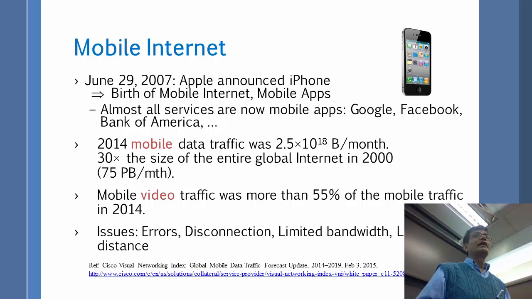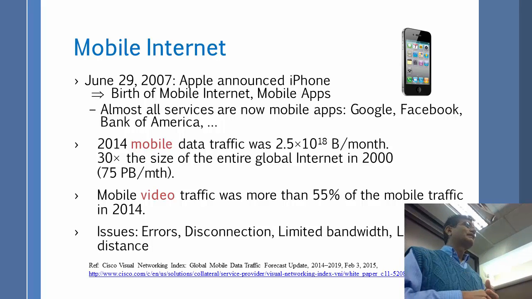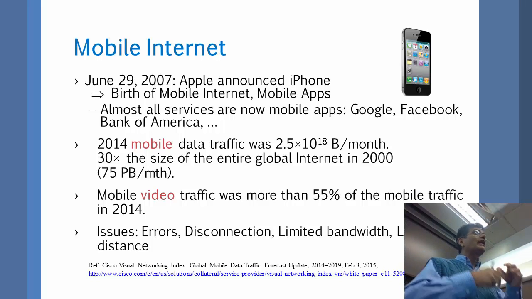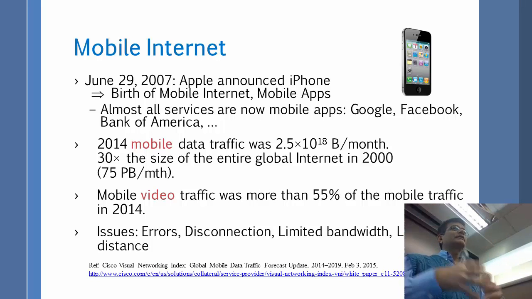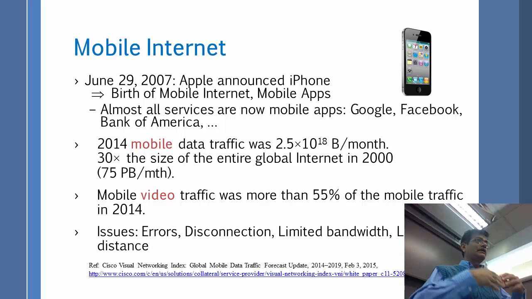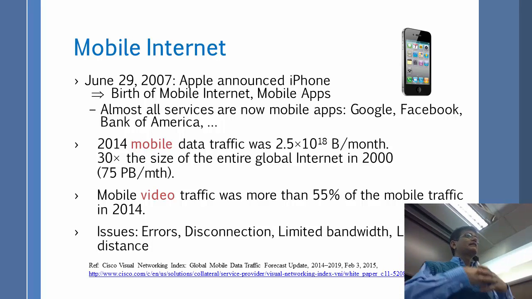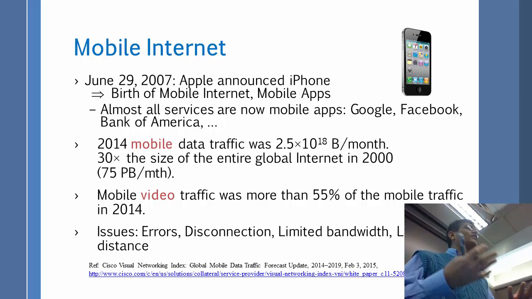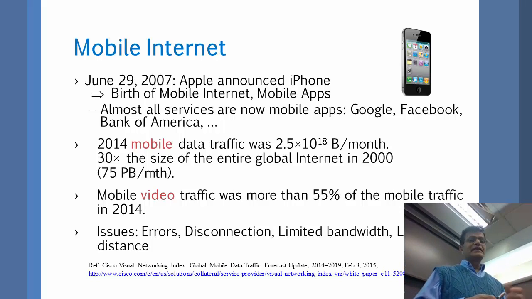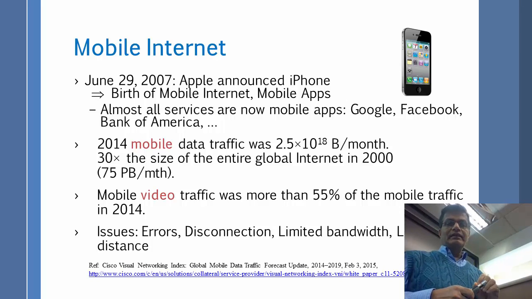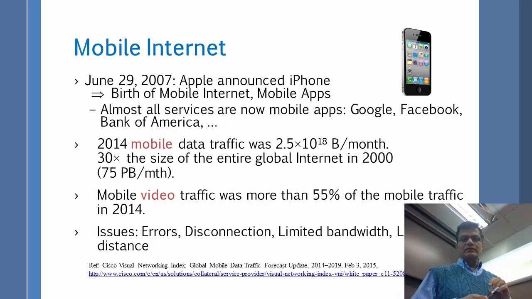You don't even know who you're buying from, because everybody can put their app on Apple. Right? So that whole app market opened up the ingenuity, the whole intelligence and smartness, and things are developing too fast. So now we are using smartphones for everything, and that is really the birth of mobile internet.